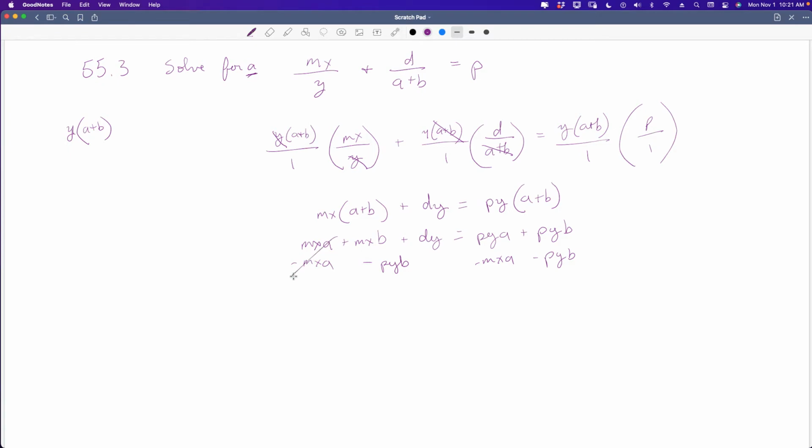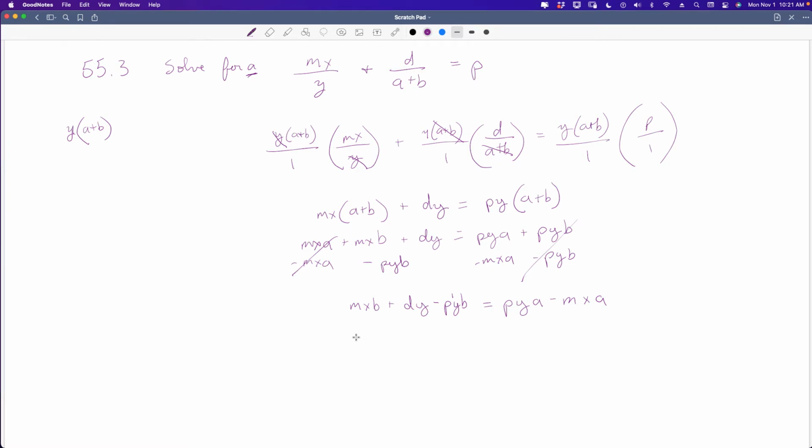All right, so this cancels and this cancels. Now we rewrite it. So we have mxb plus dy minus pyb equals pya minus mxa.